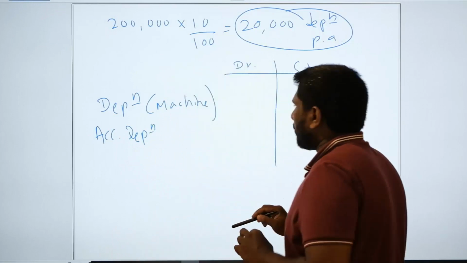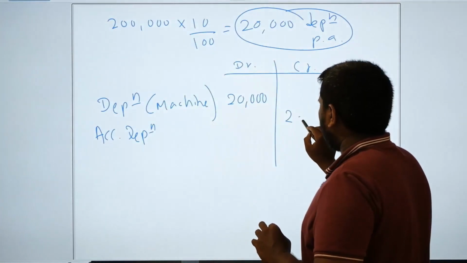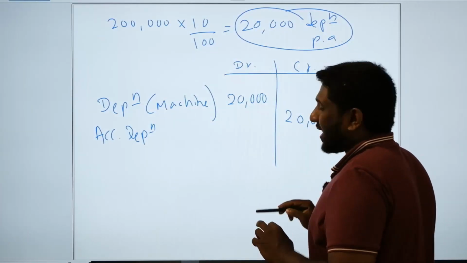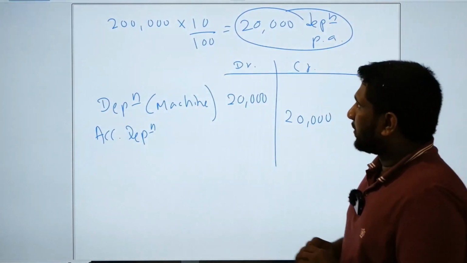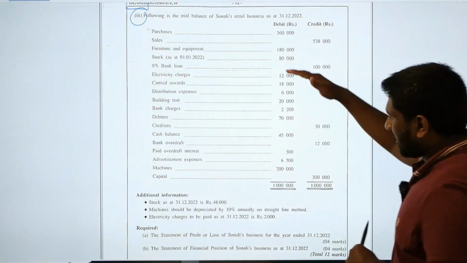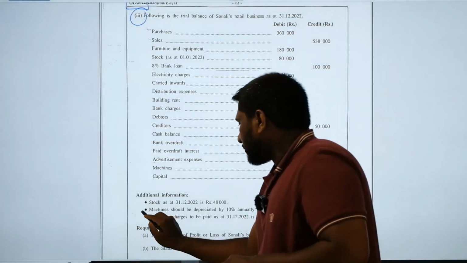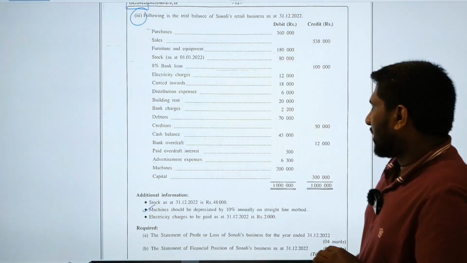The value is how much? 20,000. Here I'll write 20,000 and here I'll write 20,000. So for the trial balance, I added two lines. It is the extension of the same trial balance I am doing. So this is done. Now let's move to the next one.